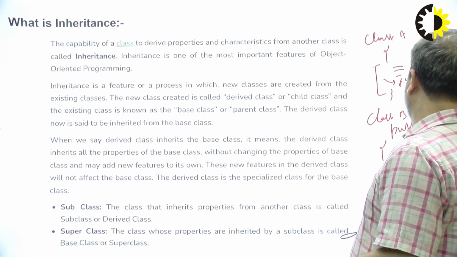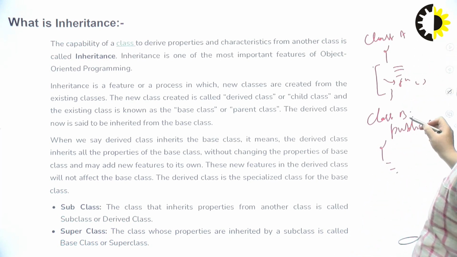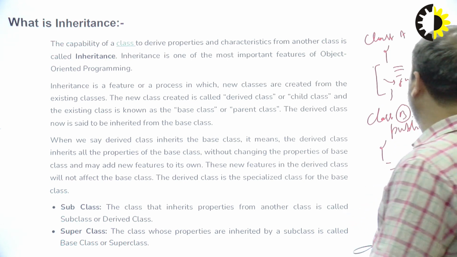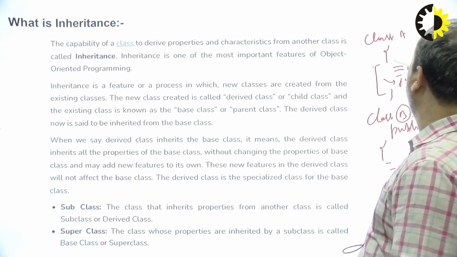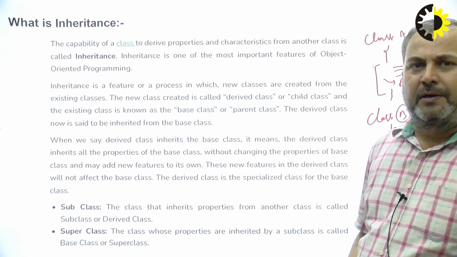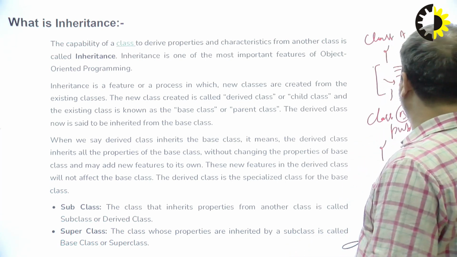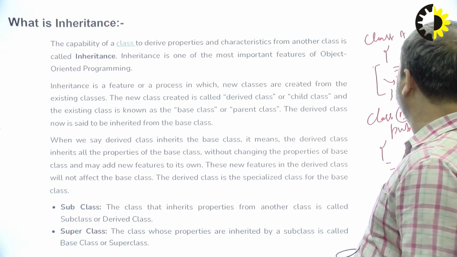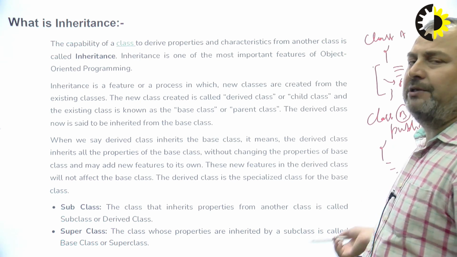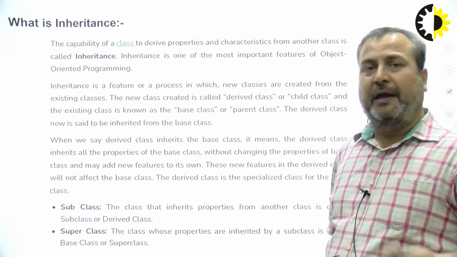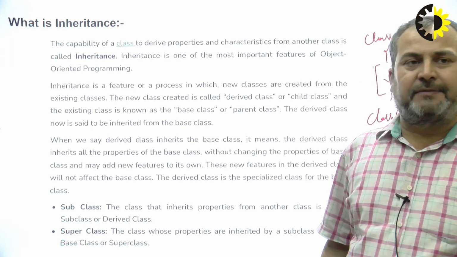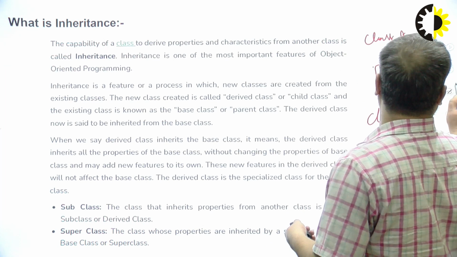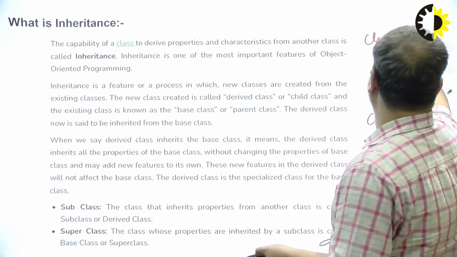The moment we write class B colon public A, it means we have created a new class named B, and this class is going to inherit the properties of A. So there is no need to include all these things again, because we are not creating all the functions and members of class A again, but we can inherit, access and use the class A.